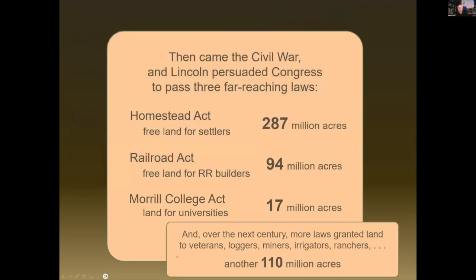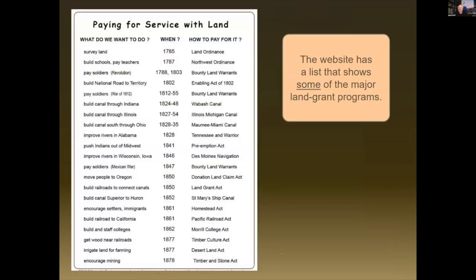And then over the next century, Congress kept doing the same thing. They made land grants to veterans of the Civil War, to loggers, to miners, to irrigators, to ranchers. Another 110 million acres. Now, last time we gave you this handout saying these are some of the major land grant programs.